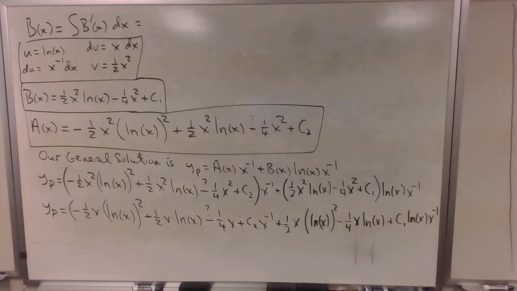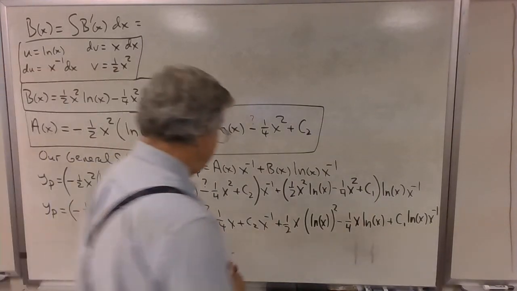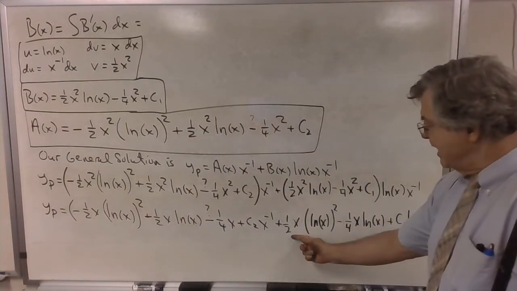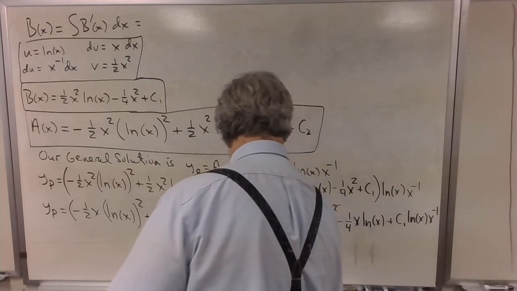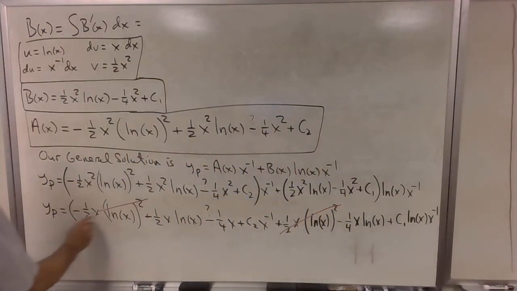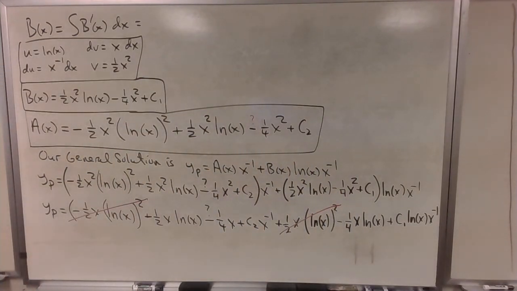And what happens? I have negative 1/2 x natural log of x squared, and I have plus 1/2 x natural log of x squared. So those two things wipe each other out, thank goodness.